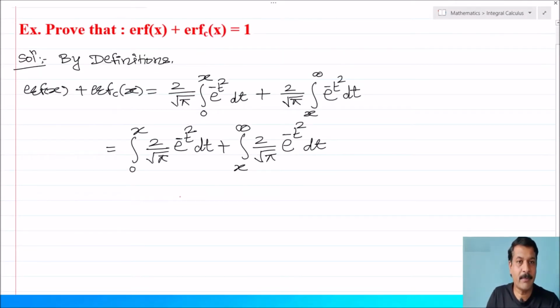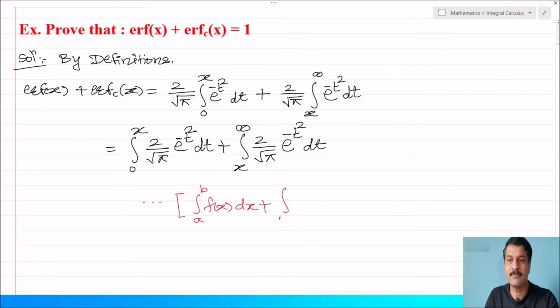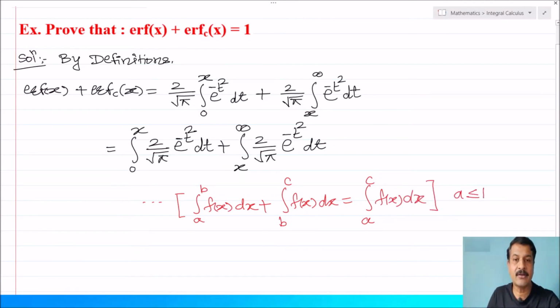As we know the property of definite integrals, integration from a to b f of x dx plus integration from b to c f of x dx is equal to integration from a to c f of x dx, when a is less than or equal to b is less than or equal to c.